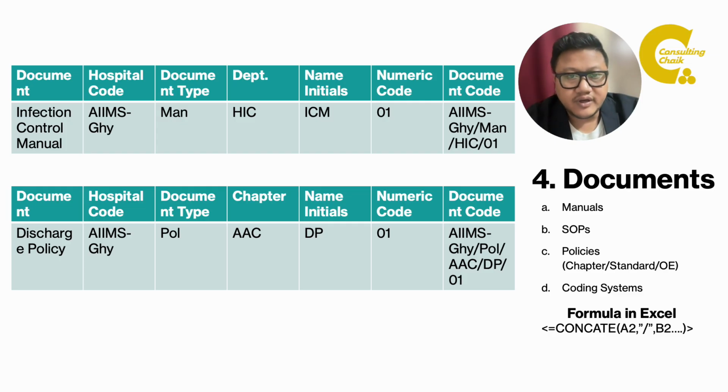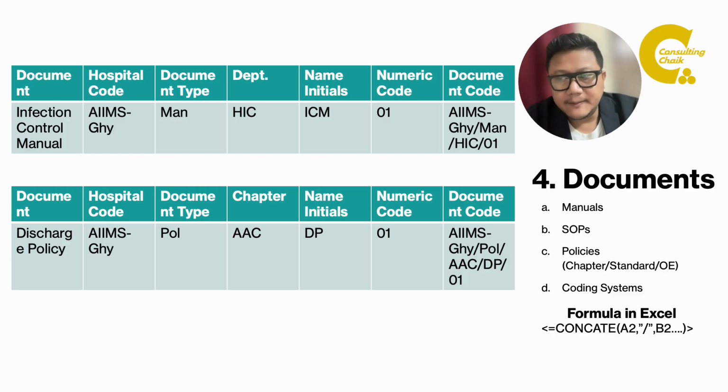Okay, so to arrive at this automatically, you just need to put this in your cells. And say for example, this is A2, this is B2, C2, D2, E2. So you have a formula called concatenate.